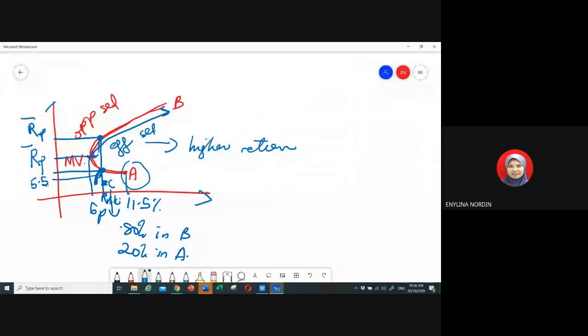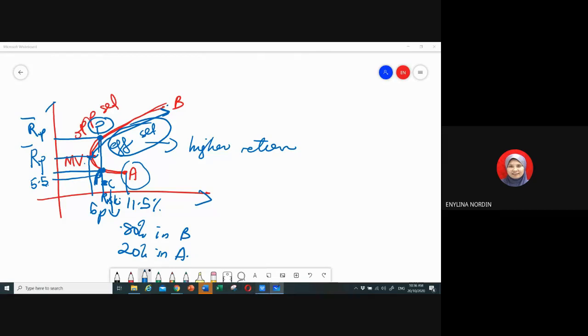Definitely we prefer the higher expected returns, right? At the same standard deviation, but a higher return. So you will choose this portfolio. So that's why starting from point MV to point B is considered as the efficient set.